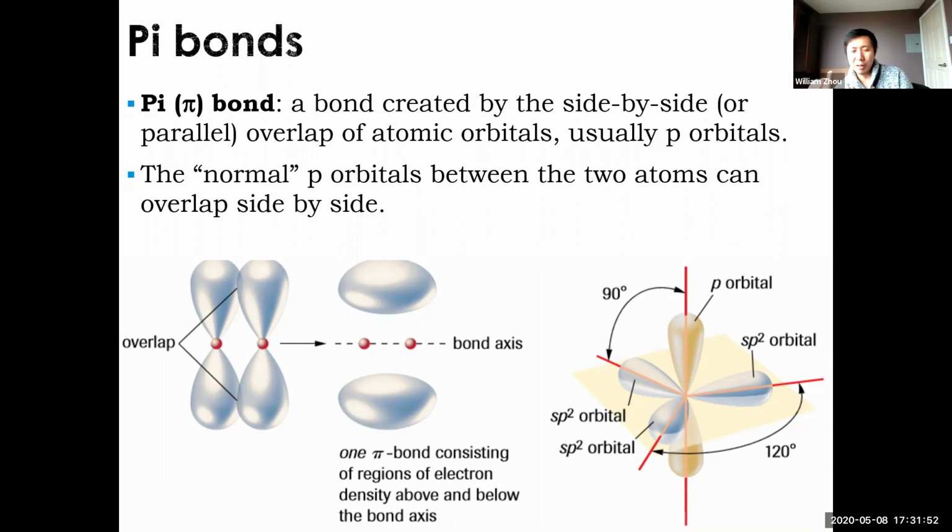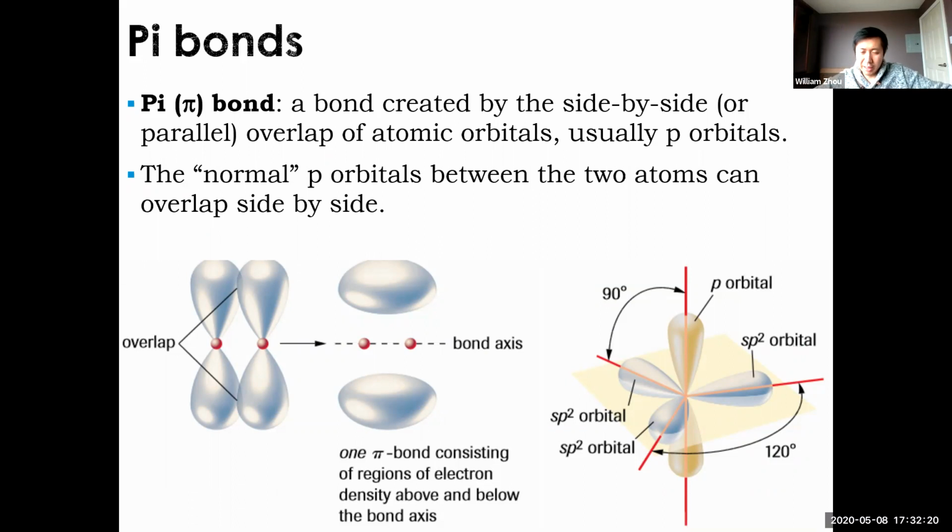You have 1 left, and that p orbital didn't change. It's still a p orbital, which is why it has 2 lobes, and it just so happens to be situated on the z-axis. That's the 2pz orbital. All of its friends decided to become sp2, and this one remains unchanged.